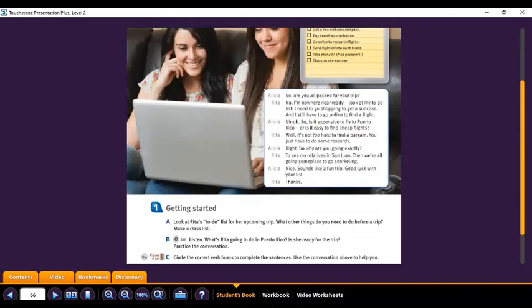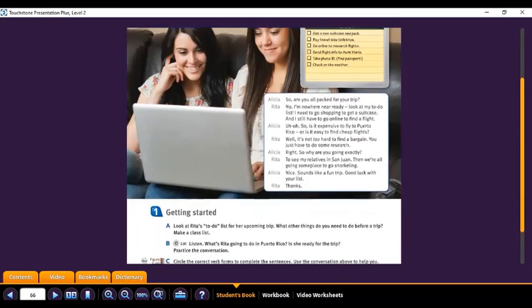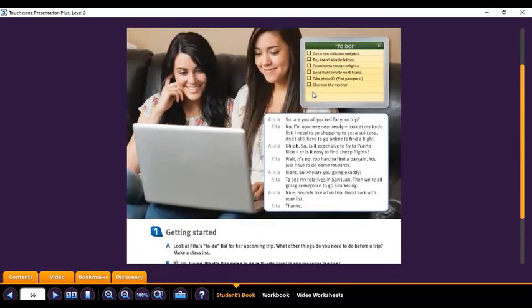What other things do you need to do before a trip? What other things do you think are necessary to include in this list? What other things do you do before an upcoming trip? Find the flight.